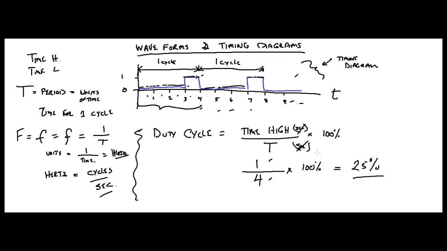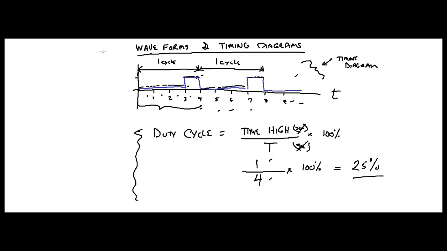So that should help you understand timing diagrams and basic terminology and how to figure it out for this class. Now, there are something called aperiodic waveforms. Okay? Aperiodic waveforms are not regular. I'll make that 1 and 0 again, alright?